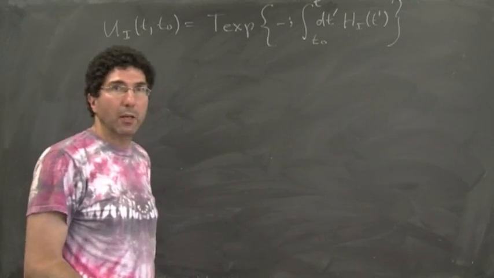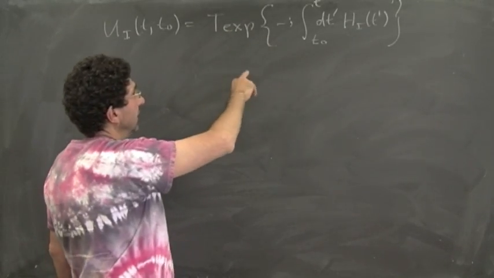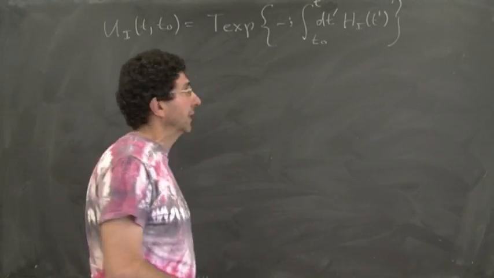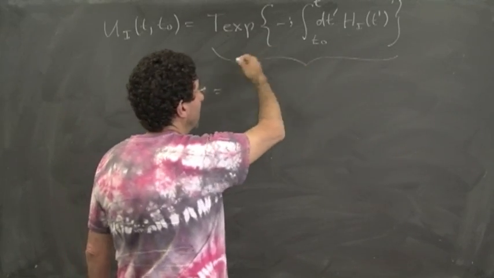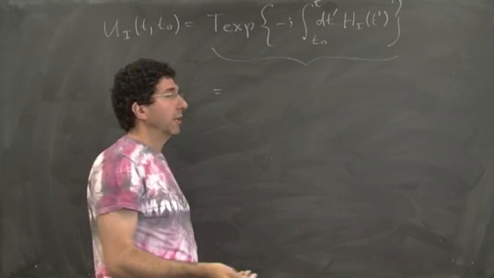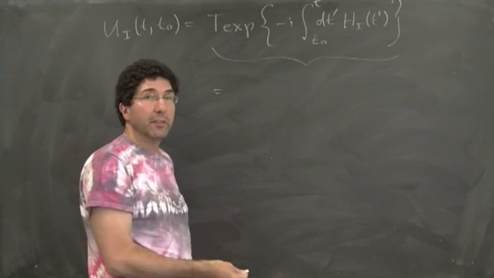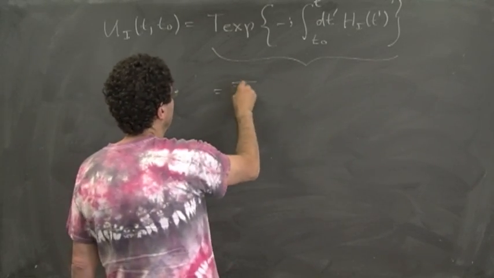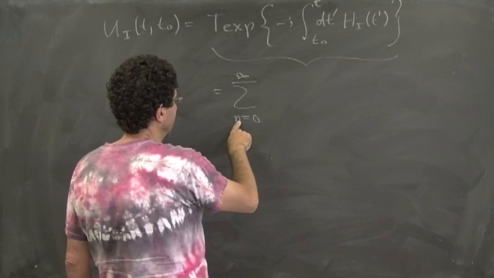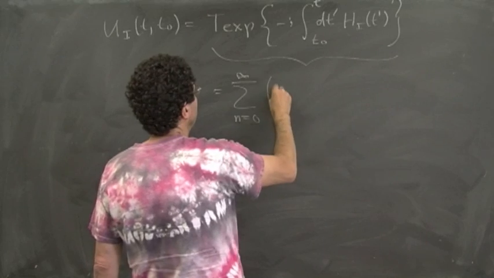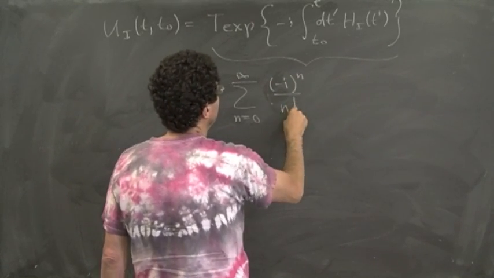Now what in the world does this mean? This time-ordered exponential is the following thing. Remember when we take an exponential of an operator, it's defined by its power series. So similarly, this time-ordered exponential is really defined by its power series. So we have the sum from n equals 0 to infinity, of minus i to the n over n factorial.